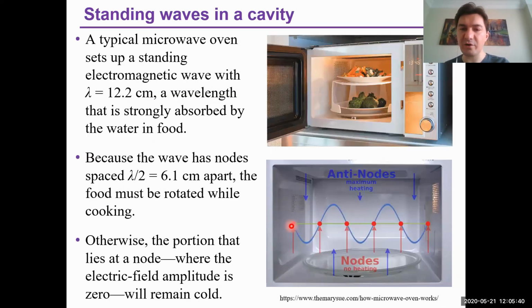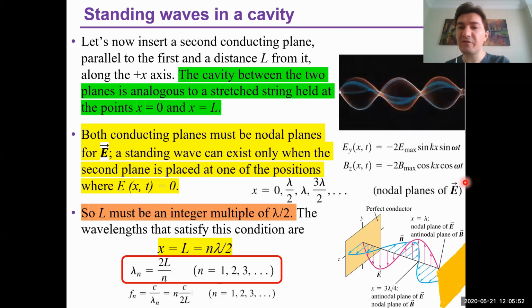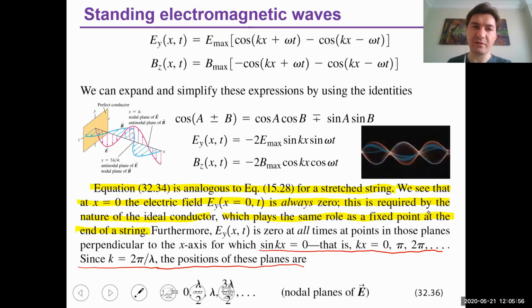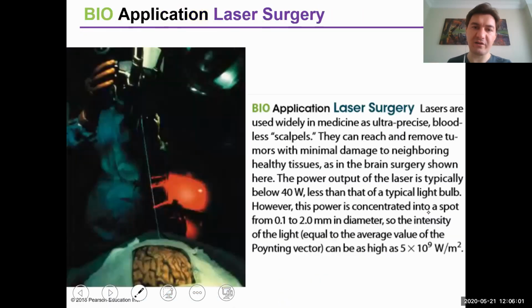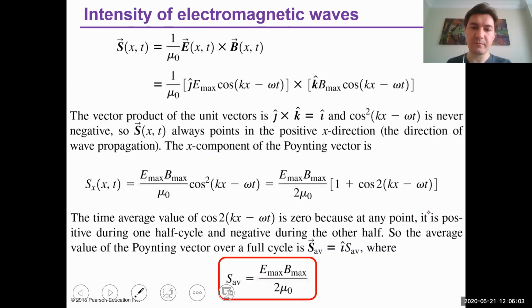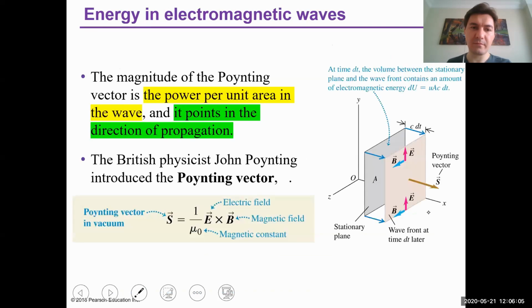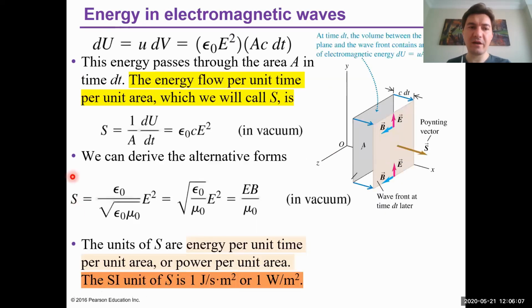So we have nodes, no electric field here, no electric field, and we have antinodes, we have maximum electric field. So what about the electric field? Electric field means energy. Remember our discussion. Look at the energy. Energy is written with the electric field, right?